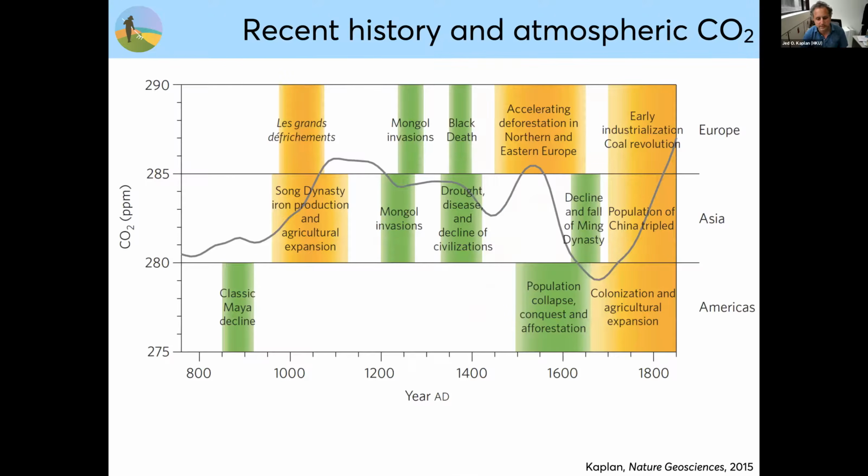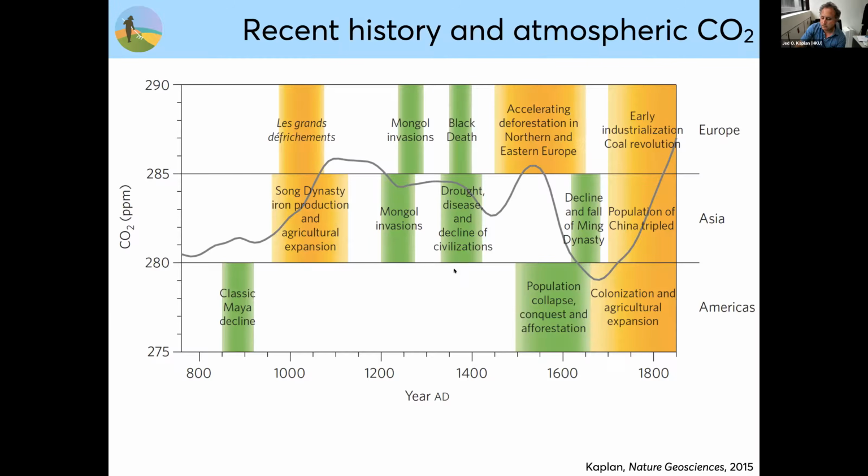When we look in more detail at just the last 1,000 years or so, we can see very clearly, in my opinion, a relationship between human history and atmospheric carbon dioxide concentrations. So this gray line here represents atmospheric carbon dioxide concentrations measured with very high resolution in Antarctic ice.